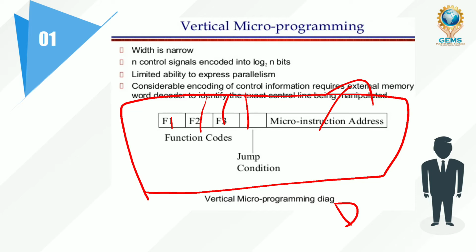They give the operations to perform. The condition stores the next instruction. So this diagram represents a vertical microprogramming instruction. Here it will perform only one or a few operations.